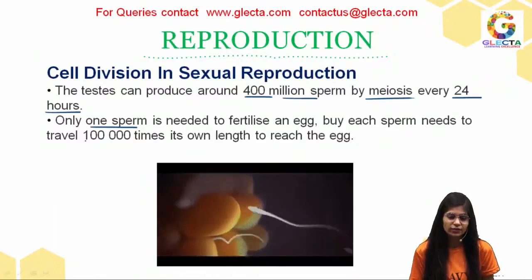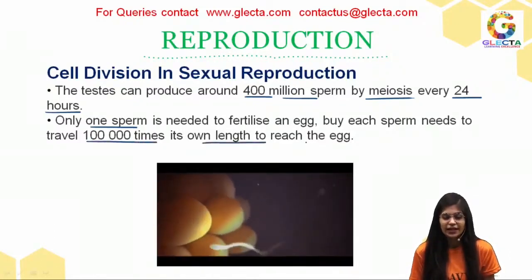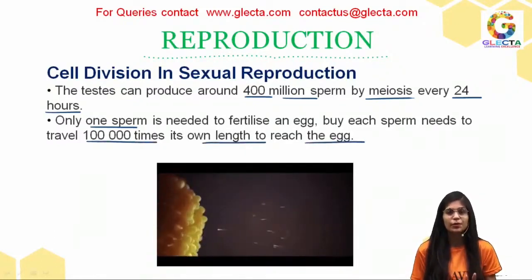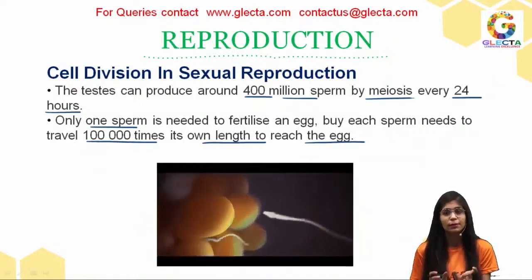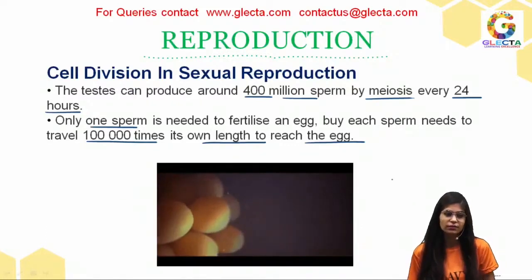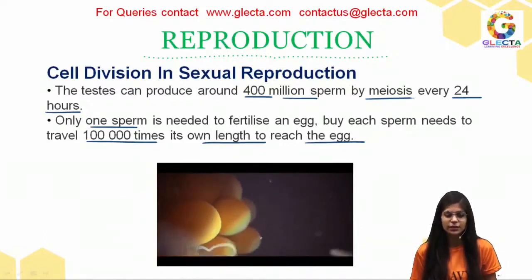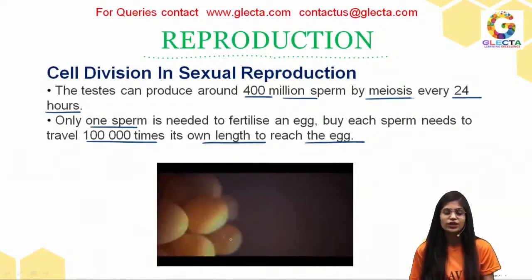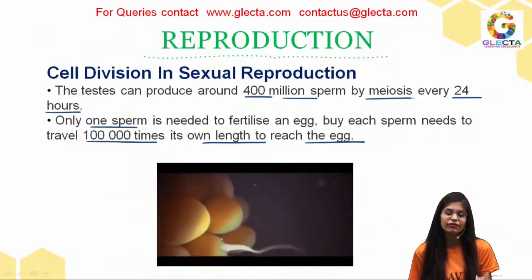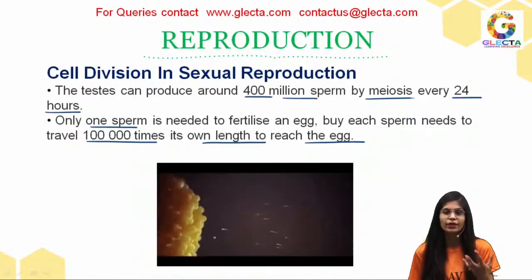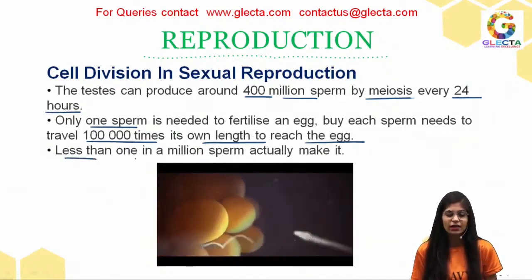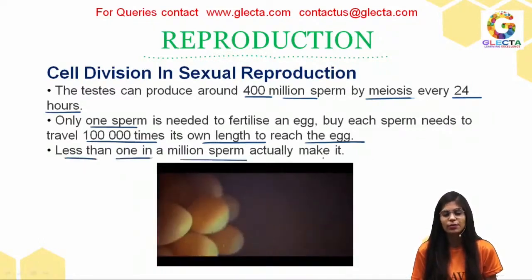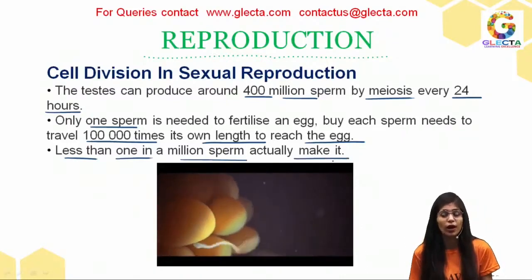So my sperm has to swim 1,000 times the length of its own body to reach the egg. So this is my sperm race, in which whichever sperm inserts itself first into the ova will fertilize the egg. So only less than 1 in a million sperm will actually make it to the ova.